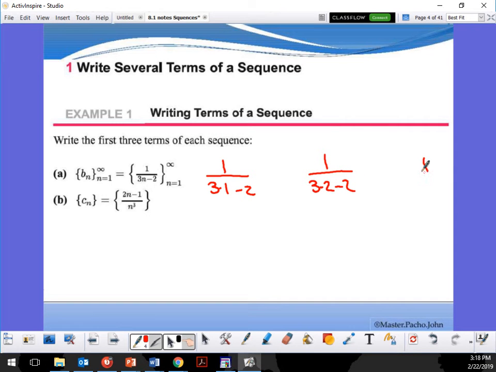And the last one is going to be 1 over 3 times 3 minus 2. So in my first term, that gives me what? 3 minus 2 is 1, so 1 over 1 is 1. Good. The next one is 6 minus 2, which is 1 over 4. My last one is going to be 1 over 7. Pretty straightforward, right?